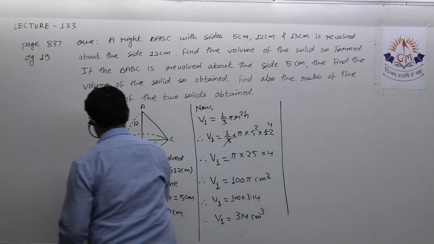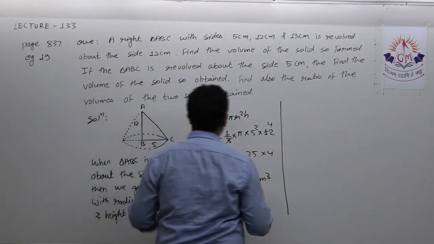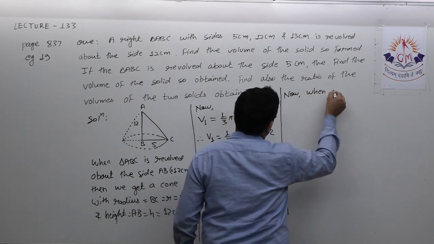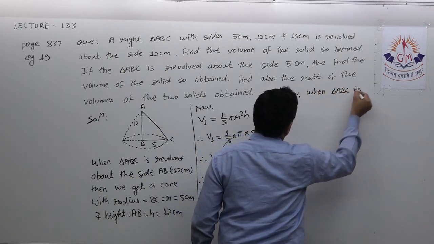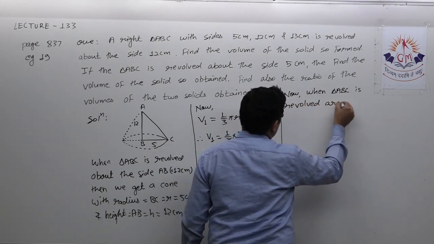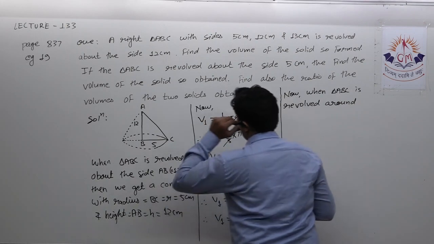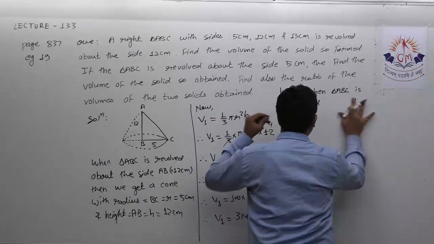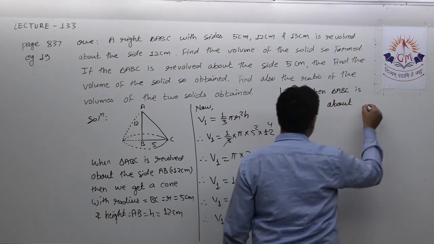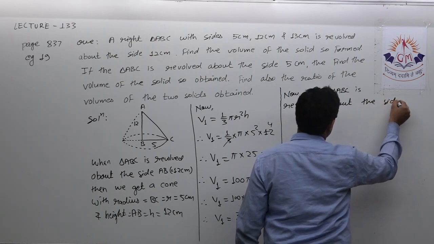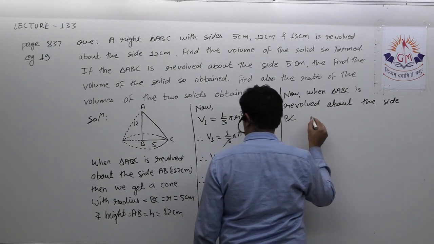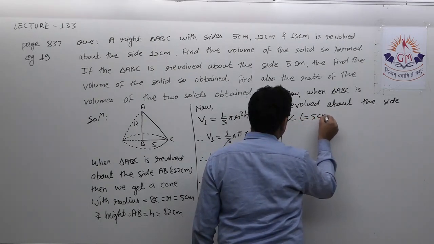Now when triangle ABC is revolved about the side BC, that is equal to 5 centimeter.